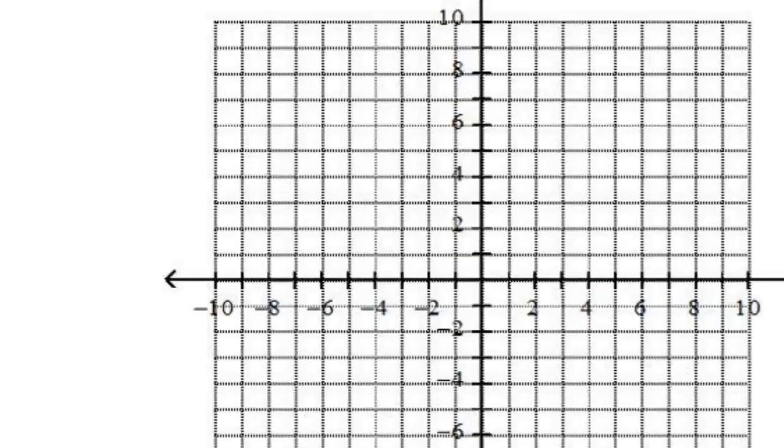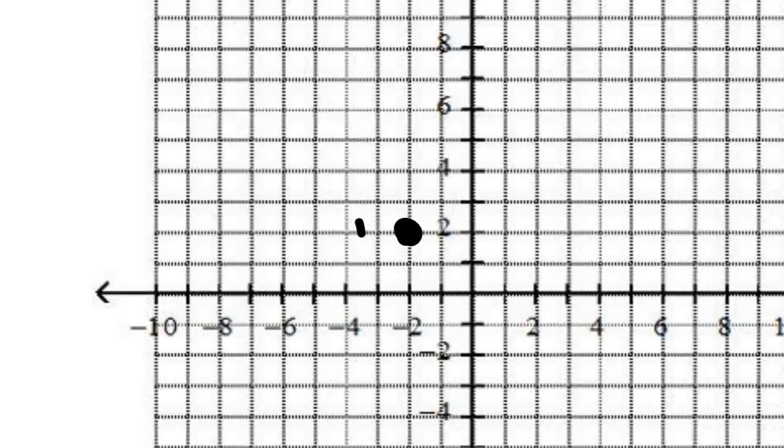So -2, 2 for C. -1, 4 for D. And -6, 3 for E. And then I'm going to connect those. Get my triangle CDE.